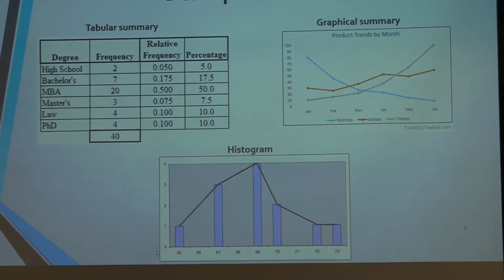And then it corresponds to 1. What does it mean? It occurs only once. There's only one value that is 73, right? Now same for 72. What about 70? 2. What about 69? 4. 67, 3, 65, 1.